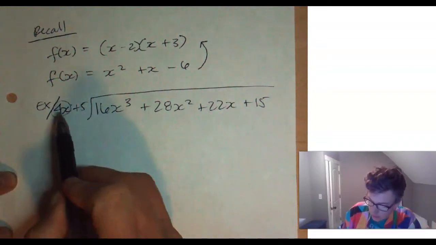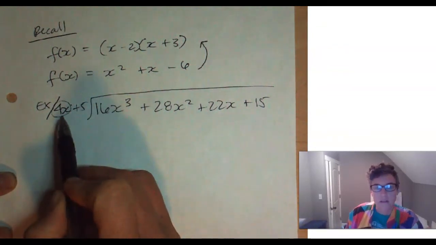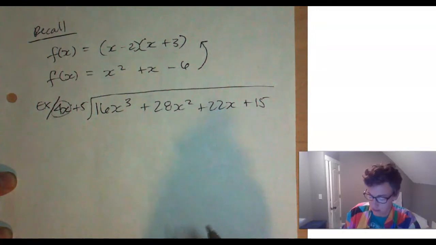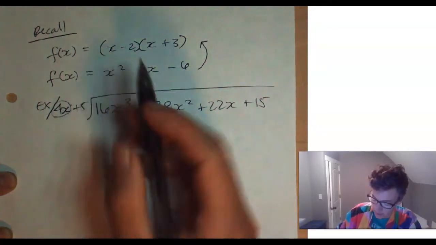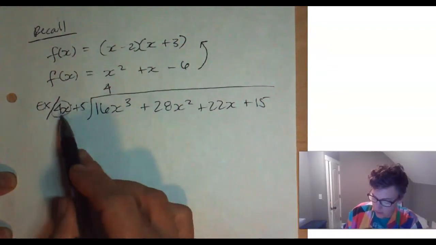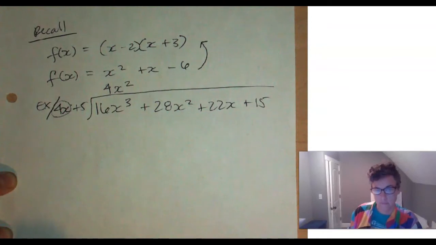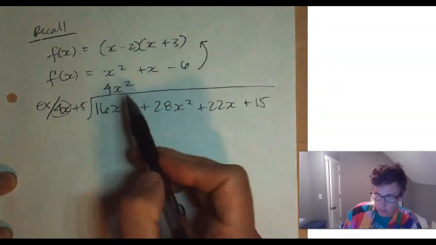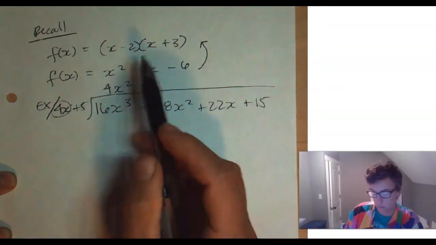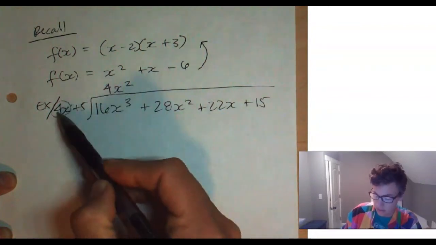If I took 16x cubed and divided it by 4x, what would I get? Well, 16 divided by 4 is 4. X cubed divided by x is x squared. Okay, not so bad. Now, just like in long division, olden days with the numbers, you multiply this back out and put it under here.